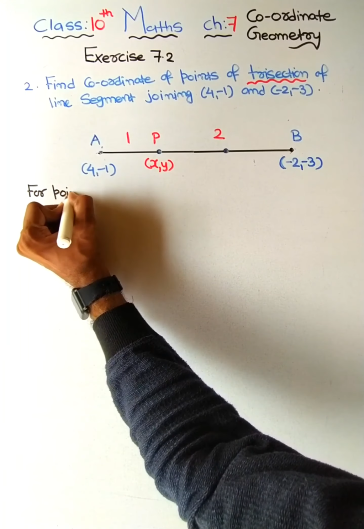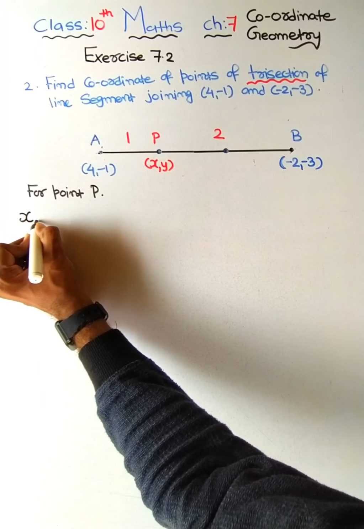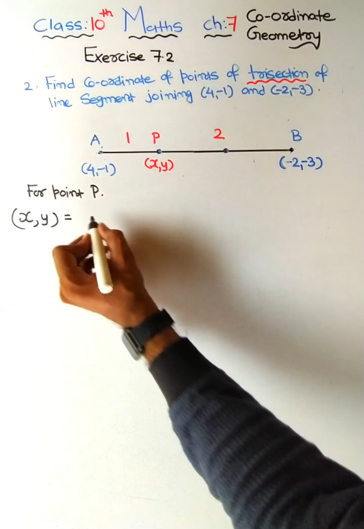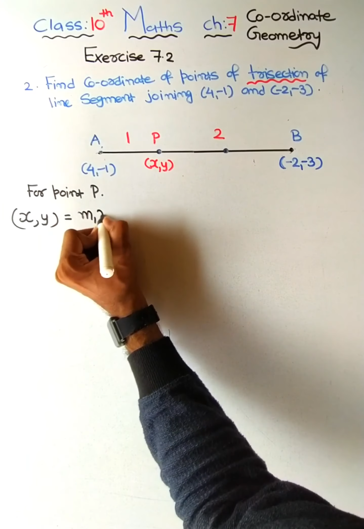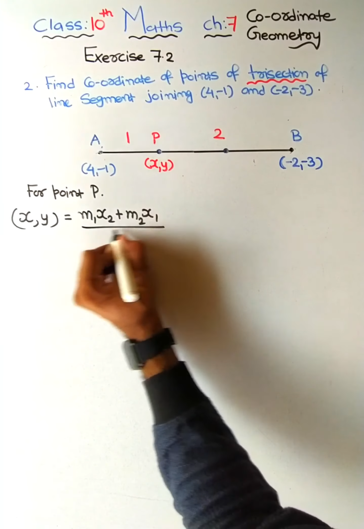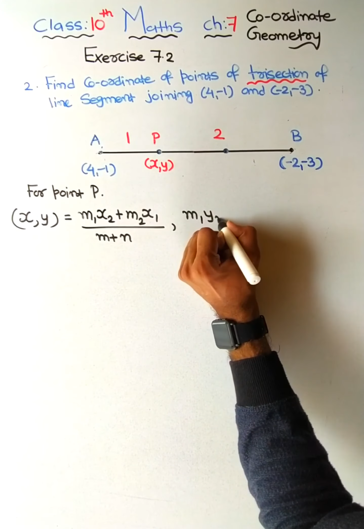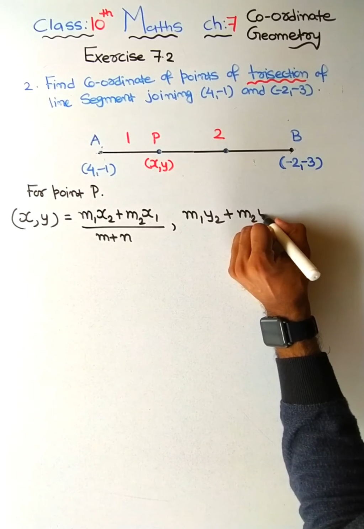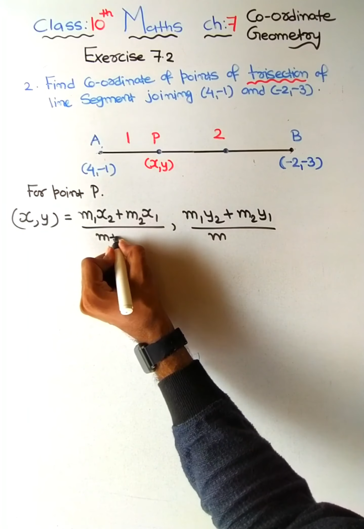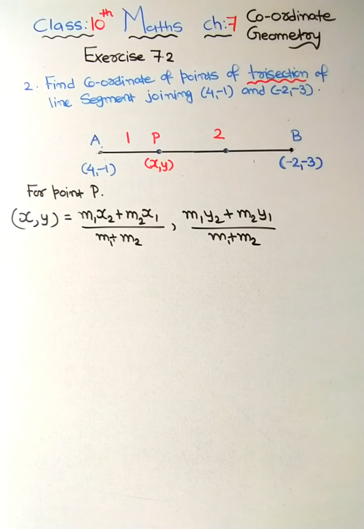For point P, the x coordinate and y coordinate we will find using the section formula. Let me write the formula: m1 x2 plus m2 x1 upon m1 plus m2, comma, m1 y2 plus m2 y1 upon m1 plus m2. Clear?